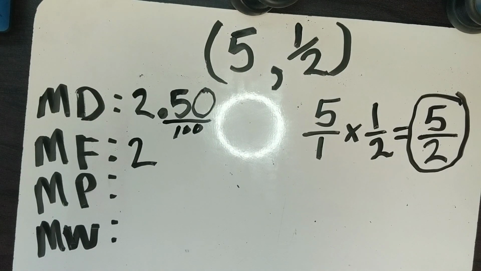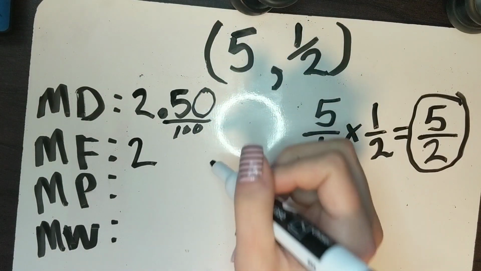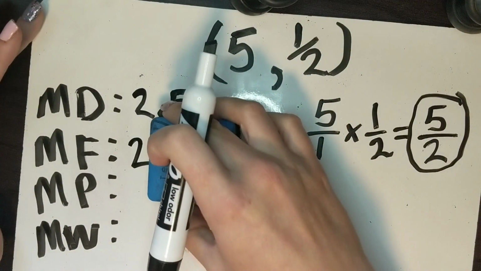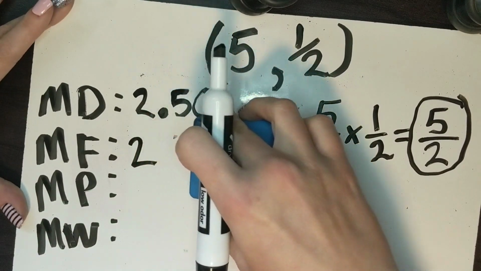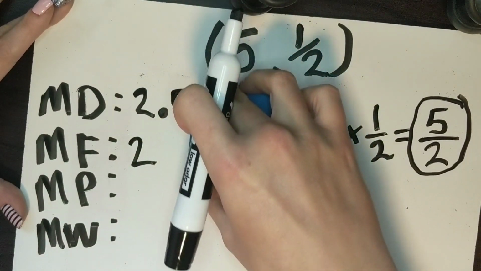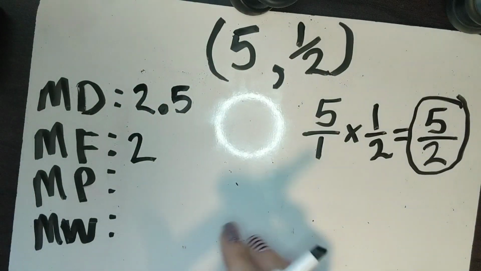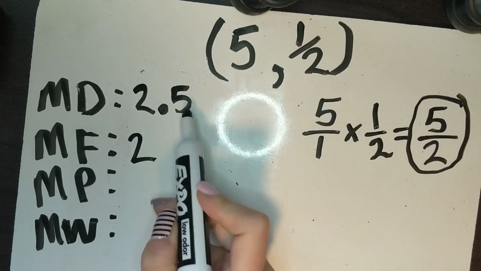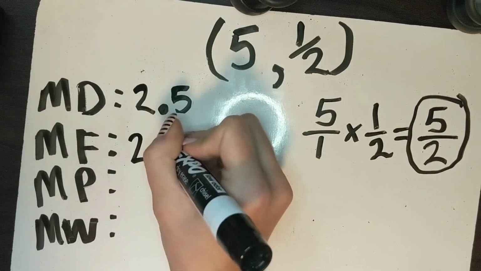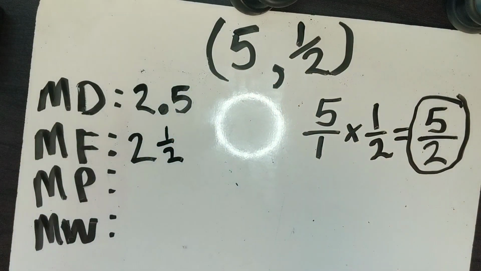When I reduce that down, dividing 50 on the top and the bottom, I would end up with 1/2. So 0.5 is the same as 1/2. So now I can put 2.5 is the same as 2 and 1/2. That is the fraction form.